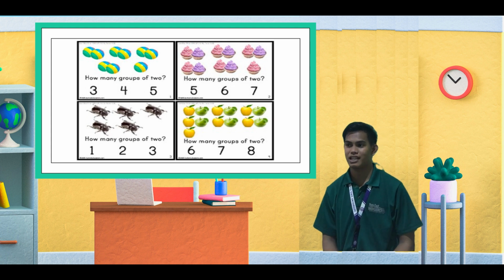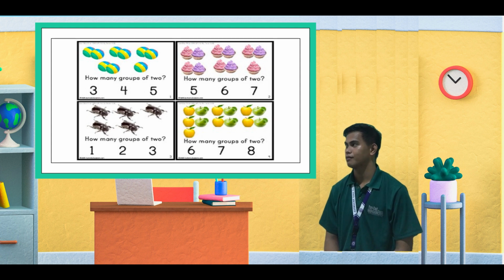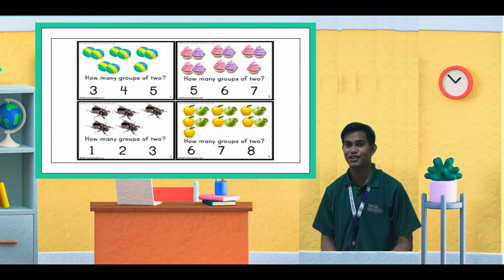So there are 11 cupcakes. So using the skip count by twos, how many groups of twos are there? Okay, very good. There are 5 groups of twos. We're going to count using the skip count by twos on the cupcakes.